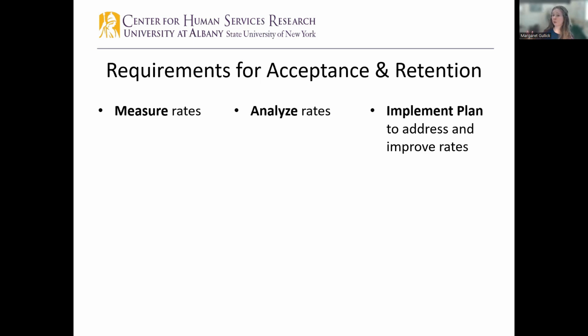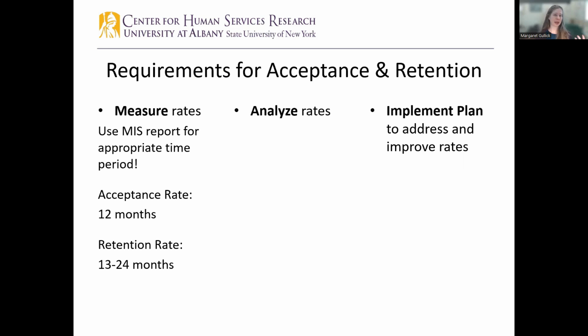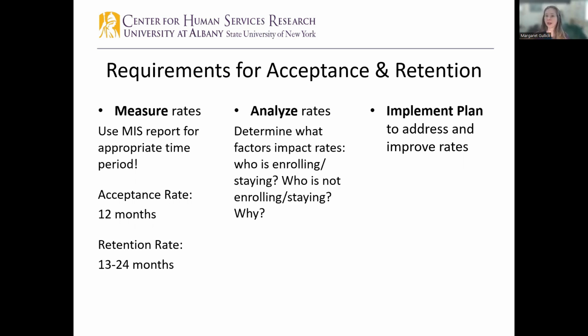So what do you need to do for each of these pieces? You'll use the MIS reports to measure your rates in the appropriate time period. That's usually the past year for the acceptance rate and the 13 to 24 months past for that retention rate. You'll analyze by determining what factors impact your rates.